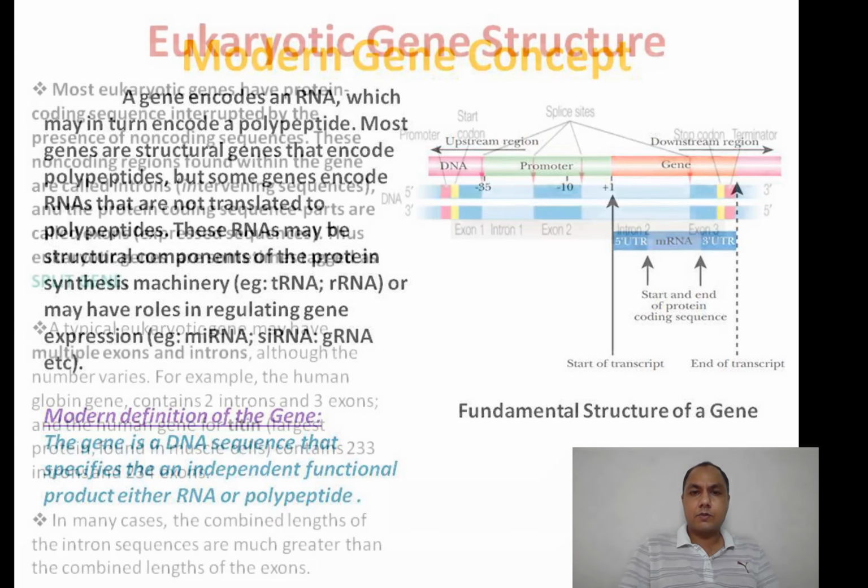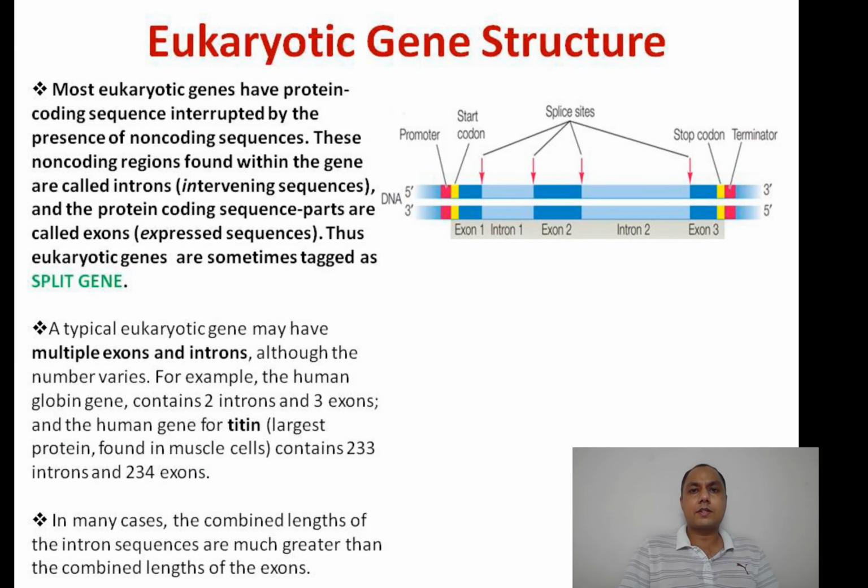The next part we are going to consider is the eukaryotic gene structure. In eukaryotes, the coding part, that means the DNA sequence that specifies amino acids, is found interrupted by non-coding parts within the gene. These intervening sequences are called introns.